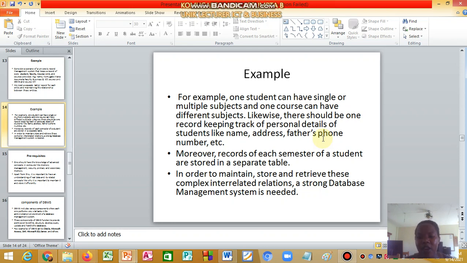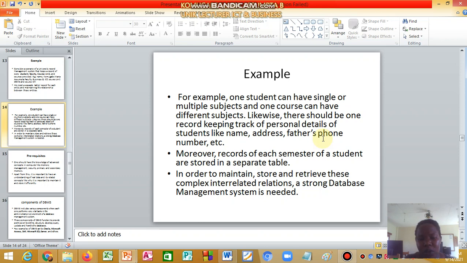Likewise, there should be one record keeping track of personal details of students like name, address, father's phone number, etc. In this way, we shall have a primary key of a registration number, which when entered anywhere, keeps track of all my information.